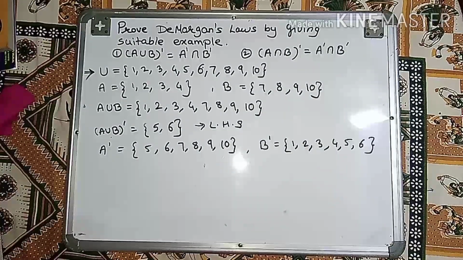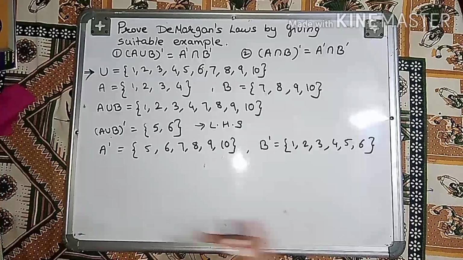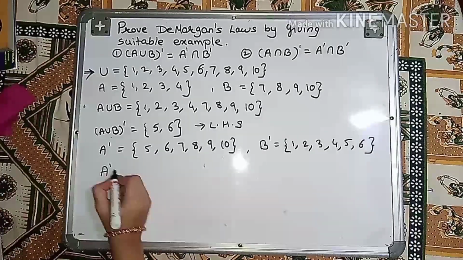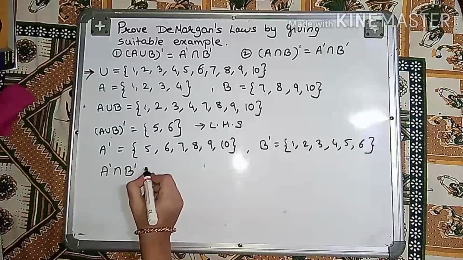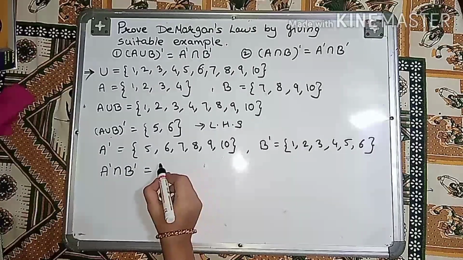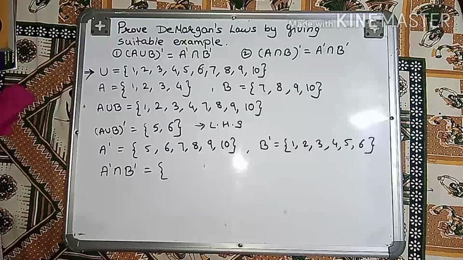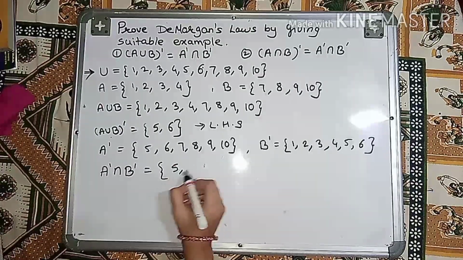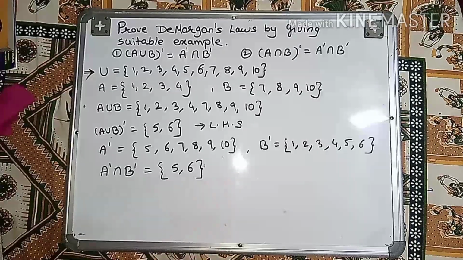Now what do we have to find next? Intersection of A dash and B dash. So A dash intersection B dash is equal to, which are the common elements in A dash and B dash? 5 and 6. So we get 5 and 6.